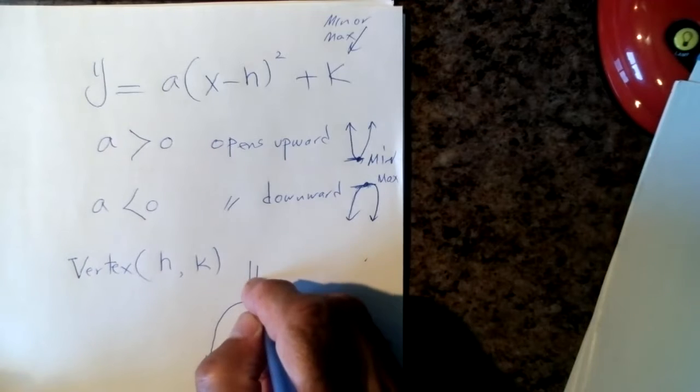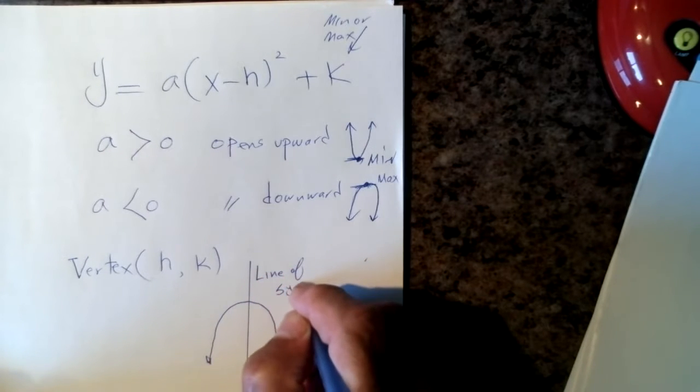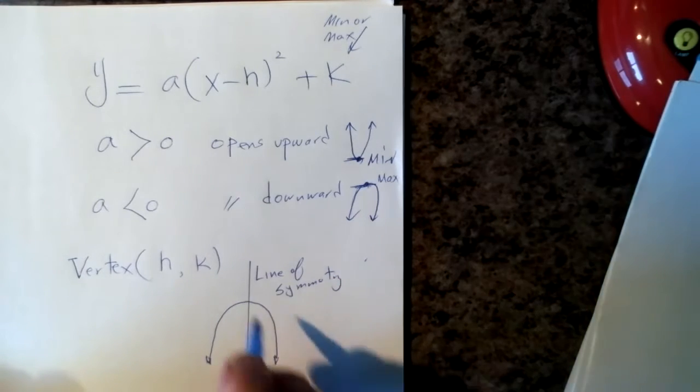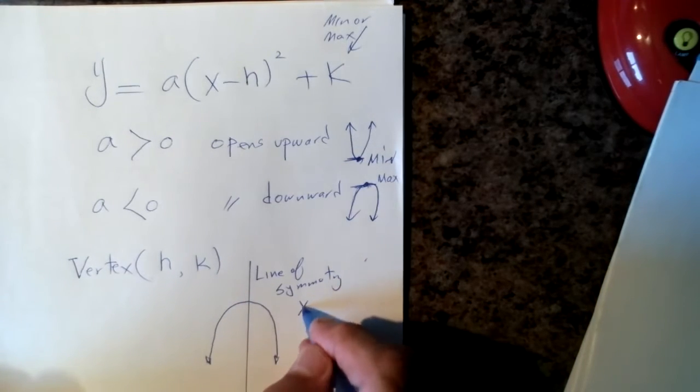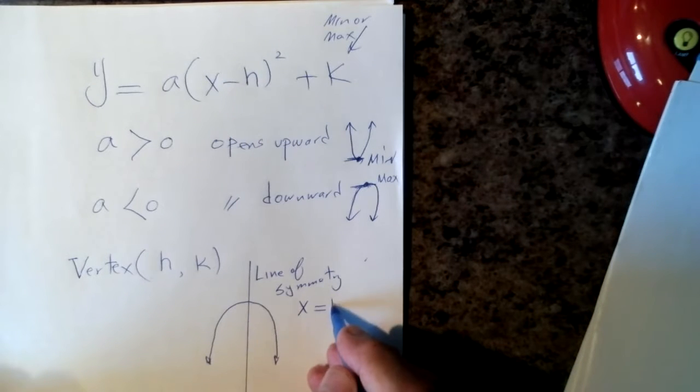They call this a line of symmetry or axis of symmetry. And the equation of this line is x = h.